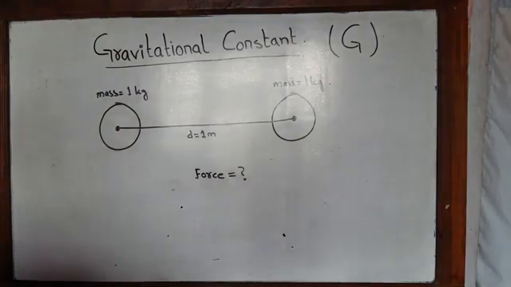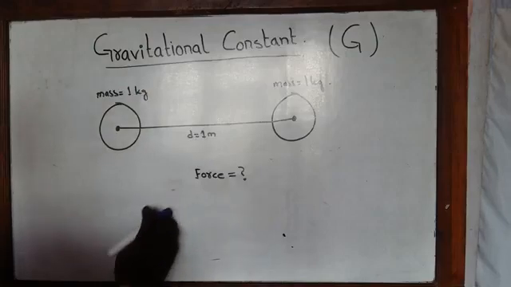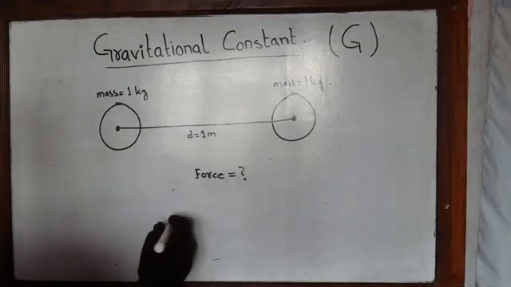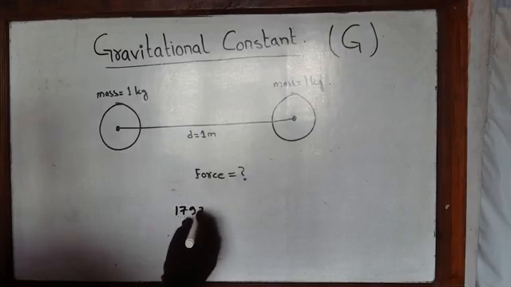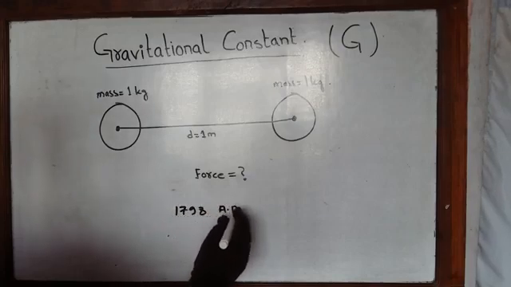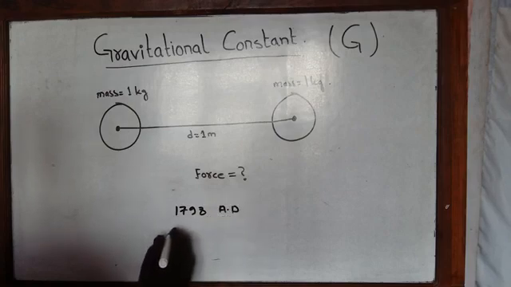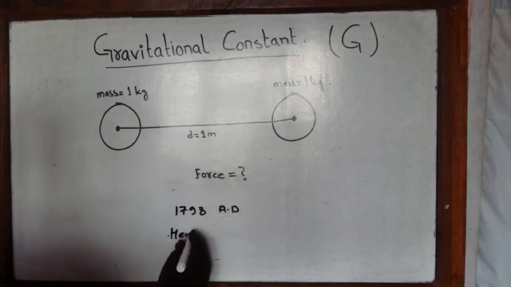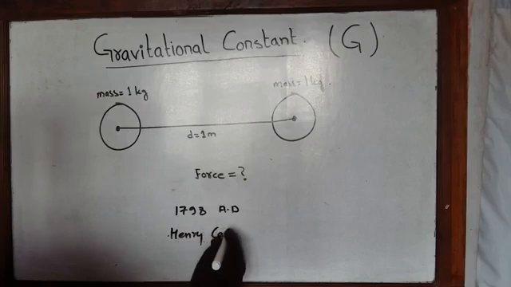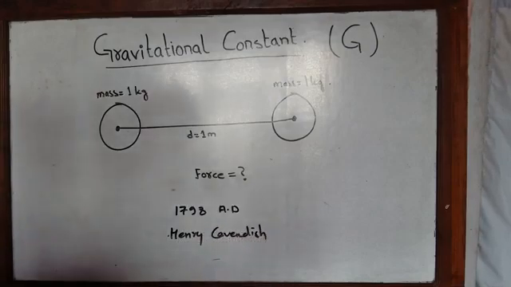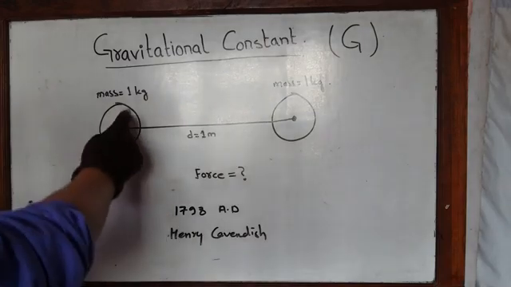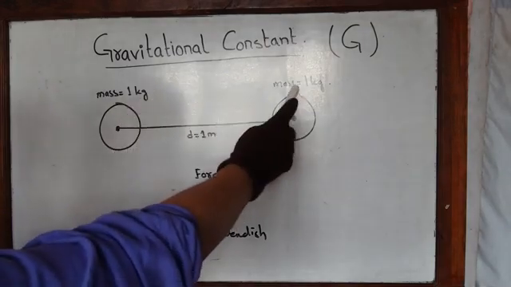So in the year 1798 AD, a scientist named Henry Cavendish carried out an experiment in which he took two objects, each of them having a mass of 1 kg.